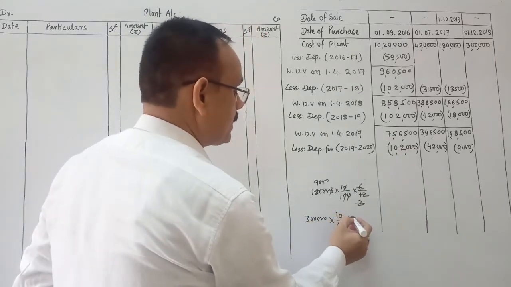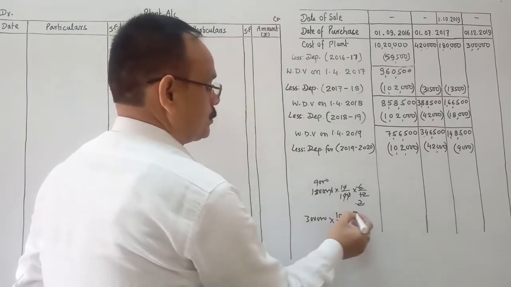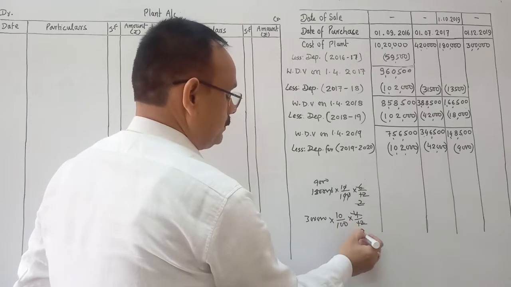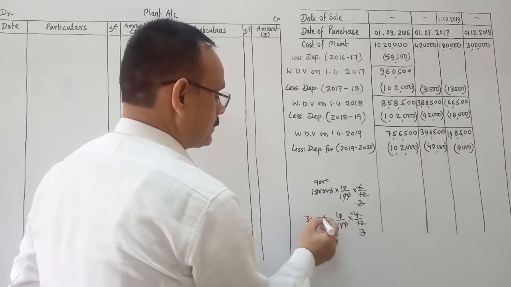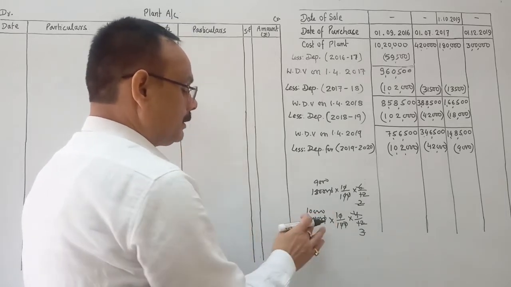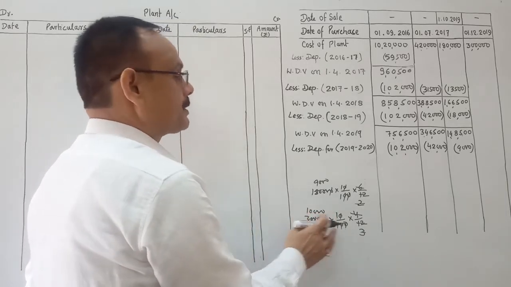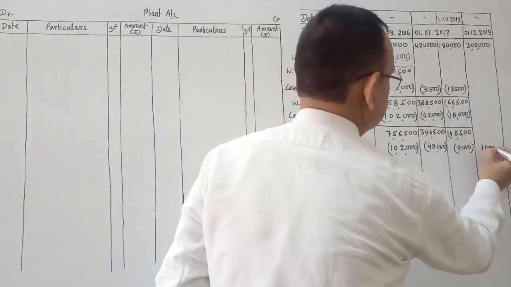So we will calculate the depreciation for 4 months, 1/3. So it's 10,000. Depreciation on 3 lakhs rupees at the rate of 10% for 4 months is 10,000.